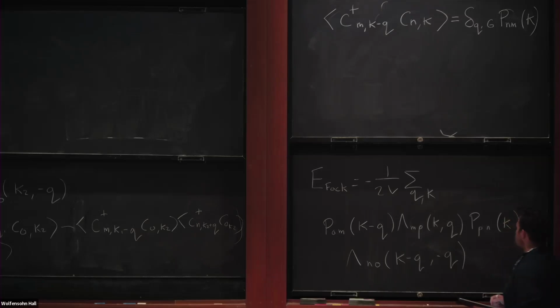Okay, so that was a bit of a disaster, but it turns out that there's this intuitive structure to what sort of projector will tend to make the Fock term as negative as possible. And this is where we're going to derive the nonlinear sigma model description of Hartree-Fock.